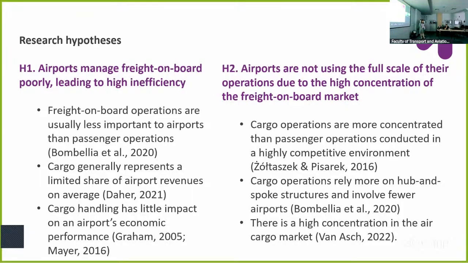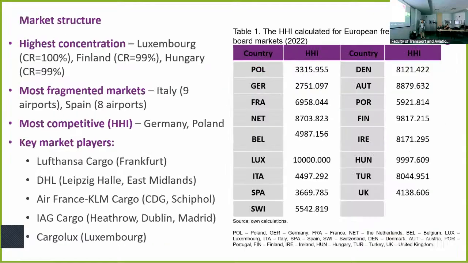It was the conclusion from the first hypothesis, and from the second, that cargo operations are more concentrated than passenger operations conducted in a highly competitive environment, and cargo operations rely more on hub and spoke structures and involve fewer ports, and there is a high concentration in the air cargo market.